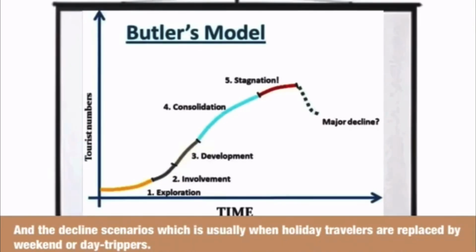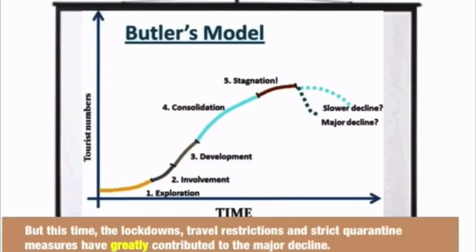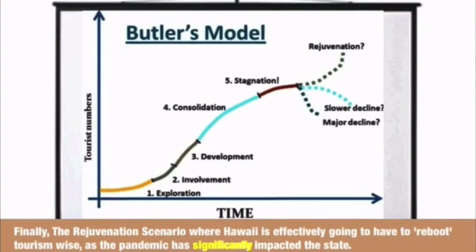And the decline scenario, which is usually when holiday travelers are replaced by weekend or day trippers. But this time, the lockdowns, travel restrictions, and strict quarantine measures have greatly contributed to the major decline. Finally, the rejuvenation scenario, where Hawaii is effectively going to have to reboot tourism-wise, as the pandemic has significantly impacted the state.